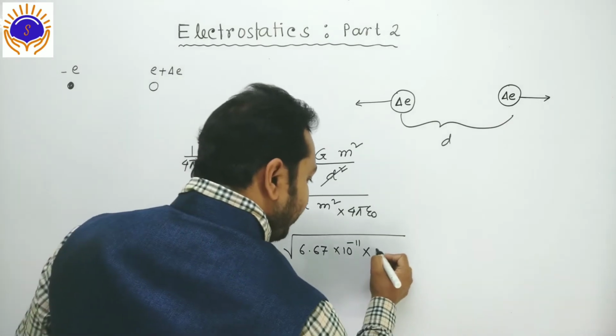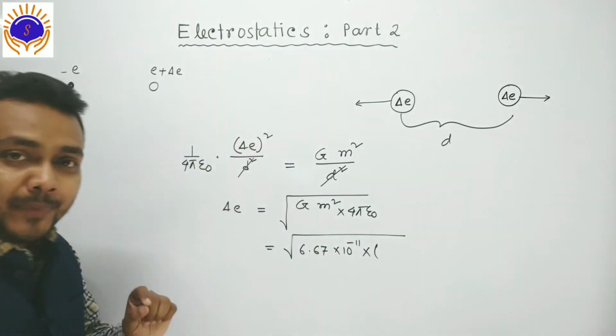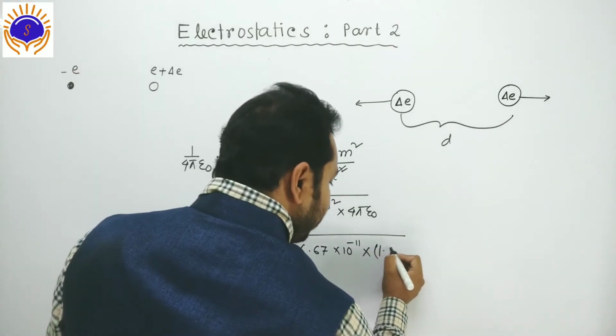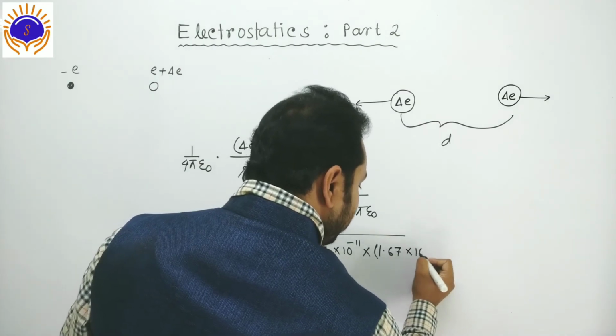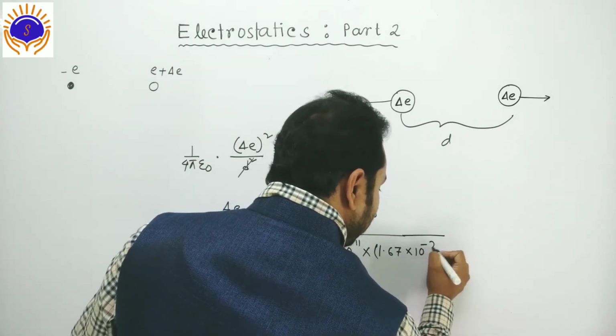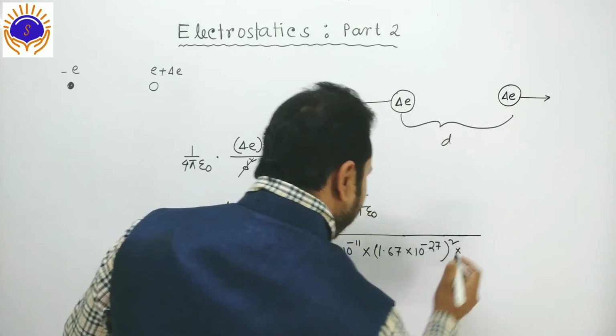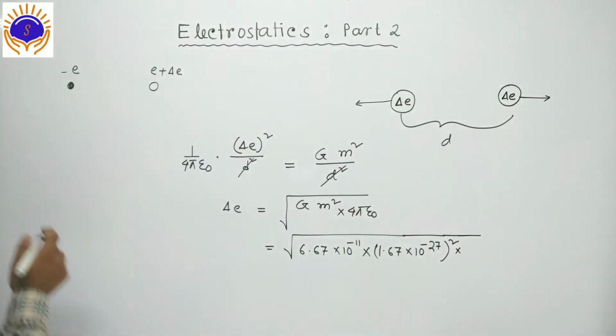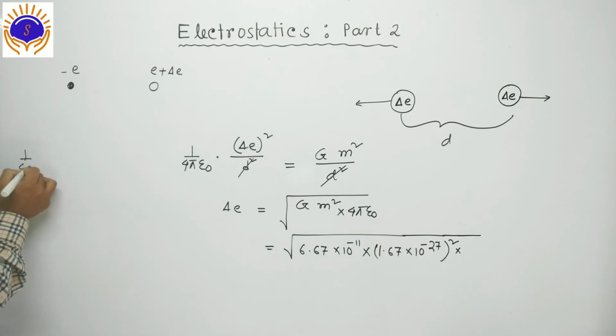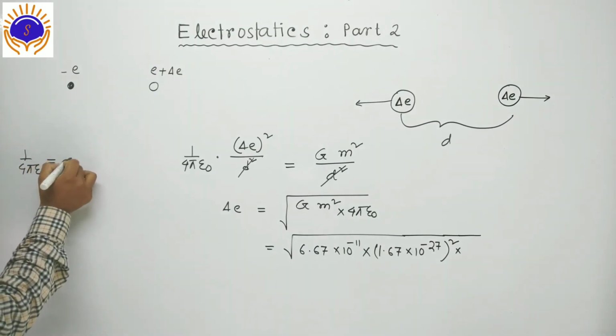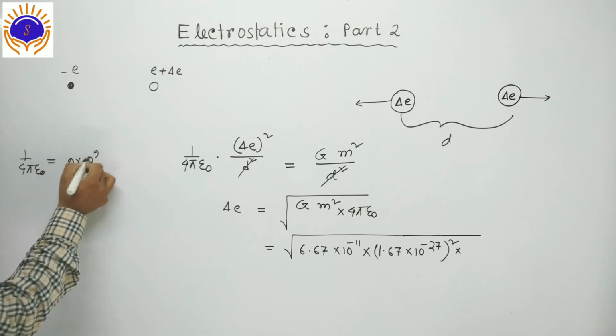The value of the protonic mass is 1.67 into 10 to the power minus 27, squared, and you know the value of 1 by 4 pi epsilon naught is 9 into 10 to the power 9.